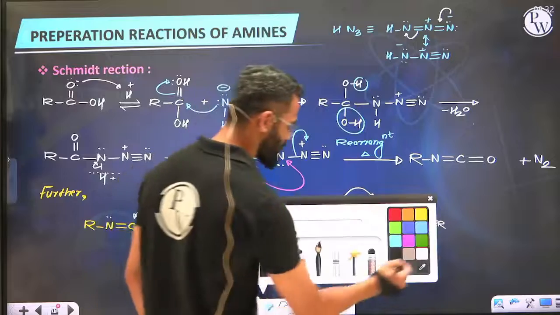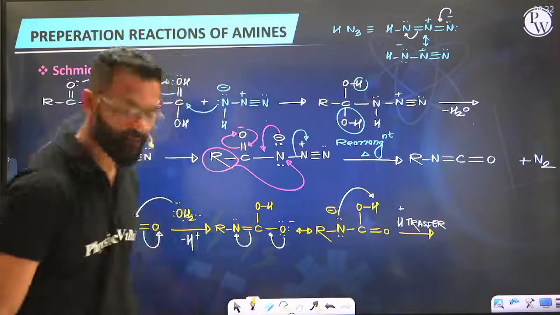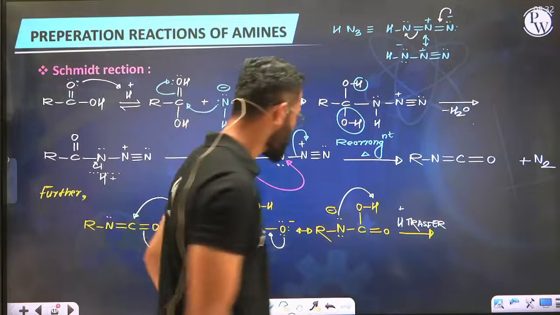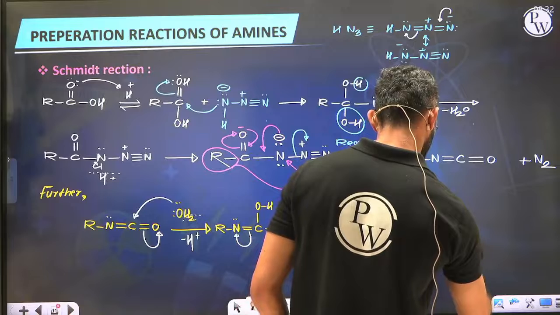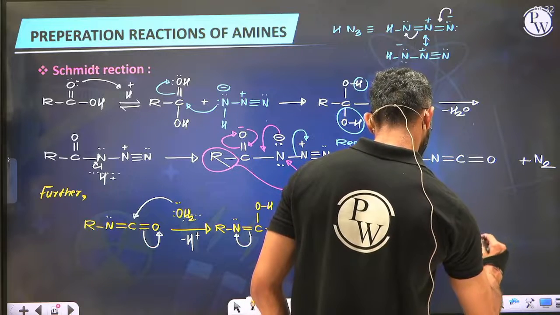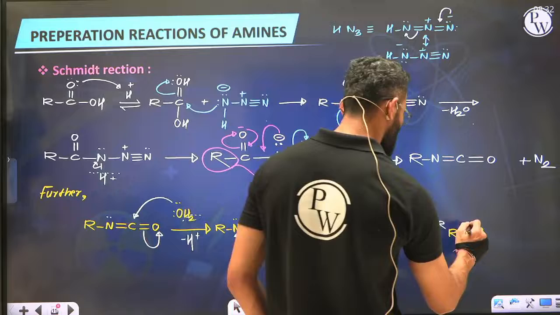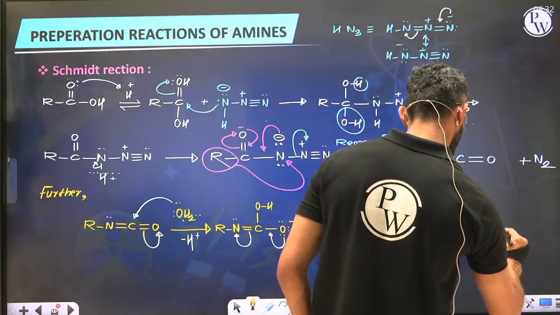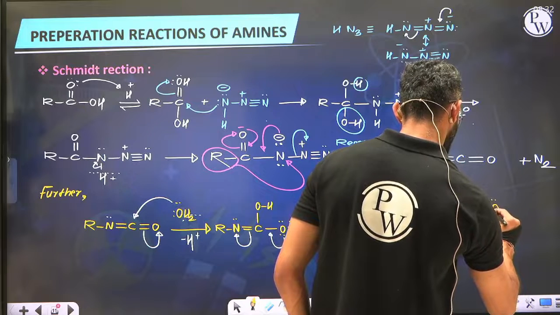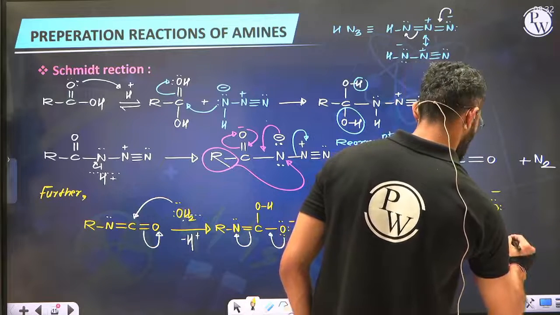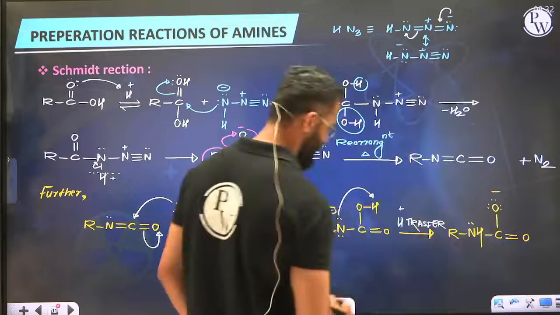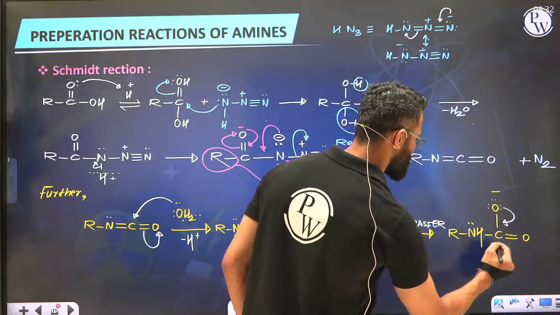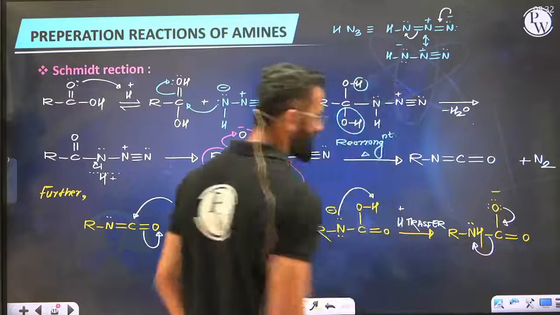See, upon proton transfer what we got, RNH single bond C double bond O single bond O minus. RNH one lone pair is still intact, single bond O minus double bond O, and finally this delocalizes, that pushes N in the form of NH minus.